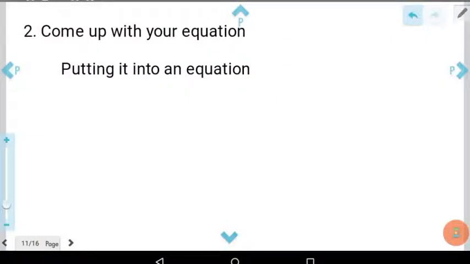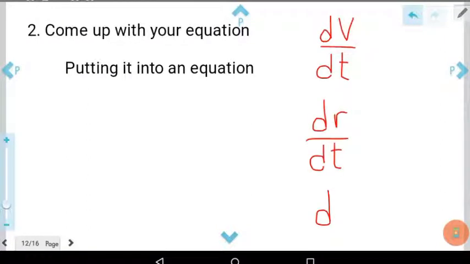So now we need to put that all together. What we want to think about are the things that we know and the things that we're looking for. We know about the diameter, and as a result, we also know about the radius.